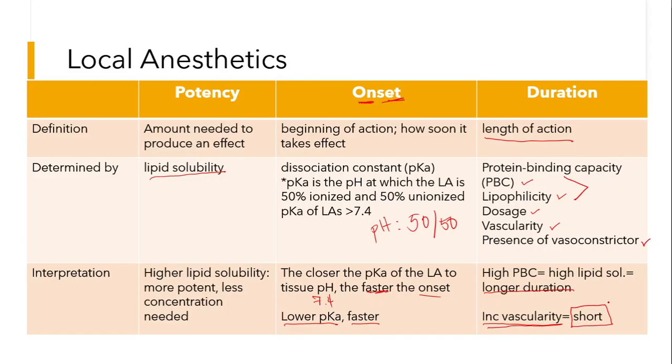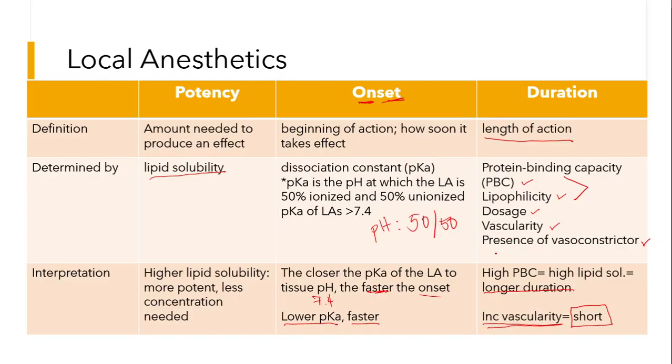Because once you inject the local anesthetic in one area, what happens is it would spread. Some of it would go across your nerve membranes, but some of it would also go closer to your blood vessels. And once they enter the blood vessels, then it would spread throughout the system, and so the duration of your local anesthetic is actually cut short.